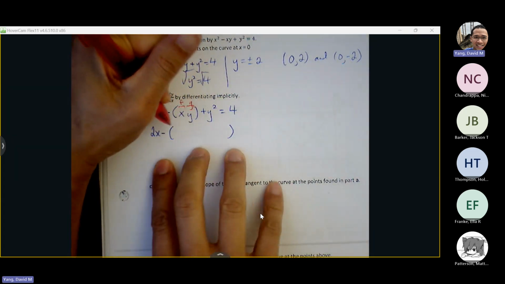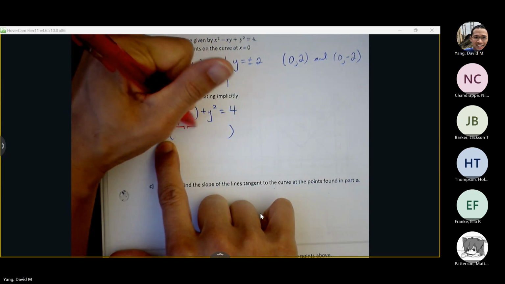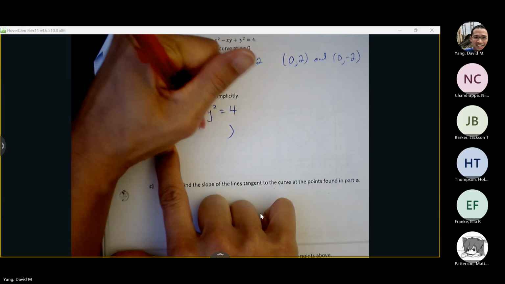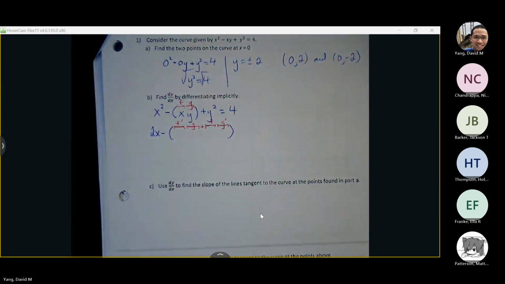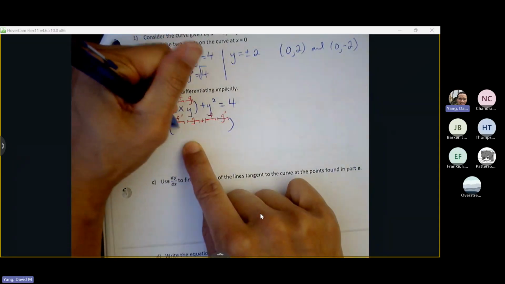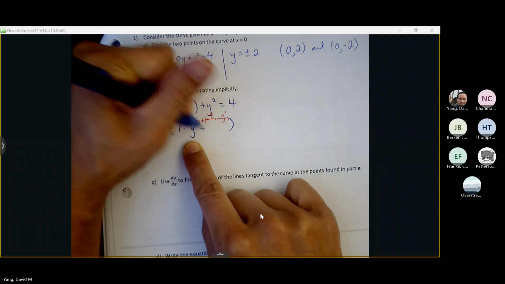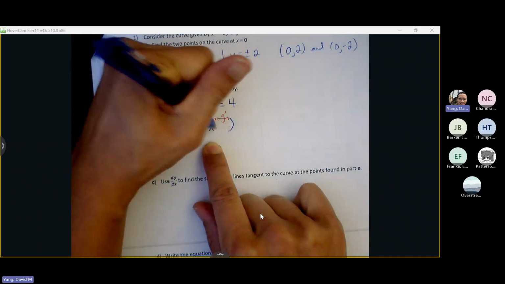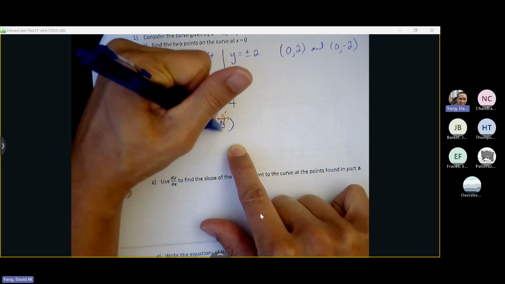I'm protecting my product rule with a set of parentheses, so I remind myself to distribute that negative through later. Okay, f prime g plus f g prime. x becomes 1. g stays as y. f stays as x. g prime becomes 1 dy/dx.